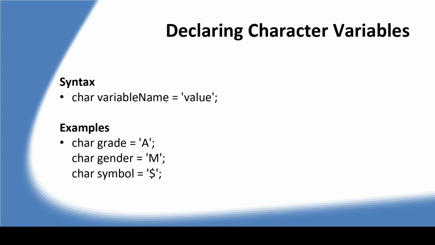So here are few examples. Char grade equals to A. Char gender equals to M. Char symbol equals to $. So here all values are present within the single quotes.